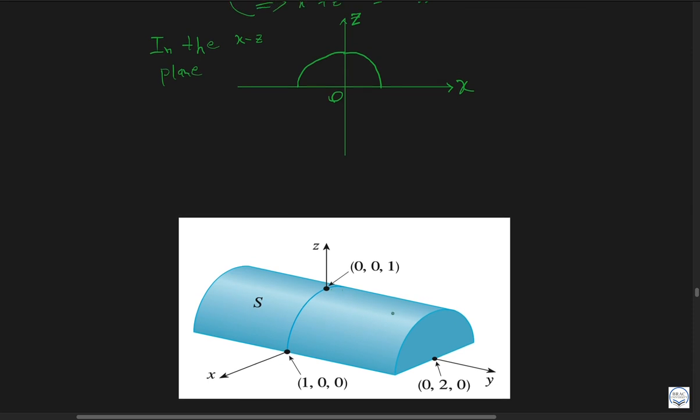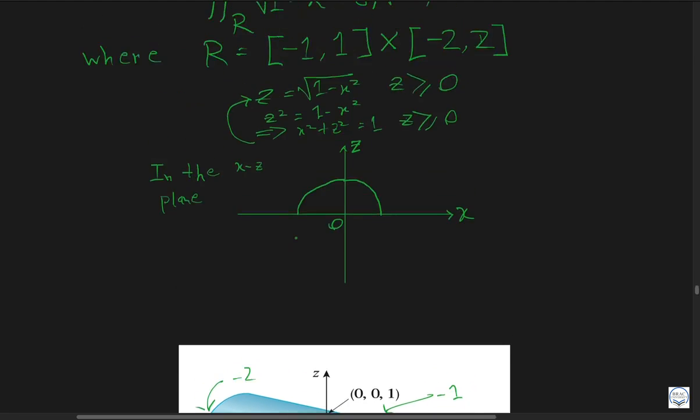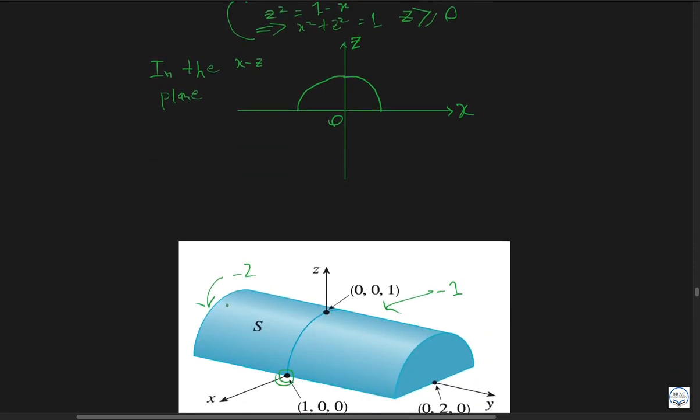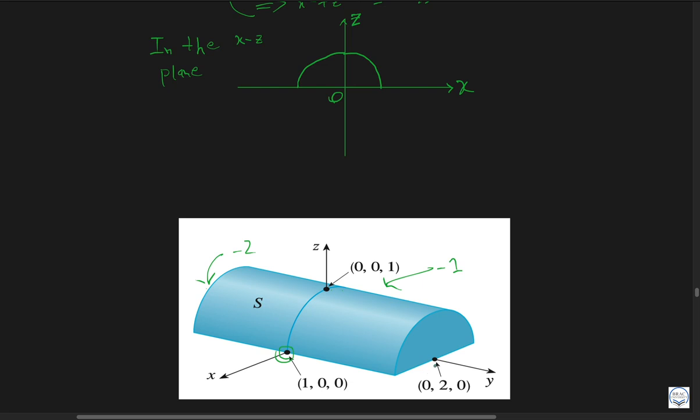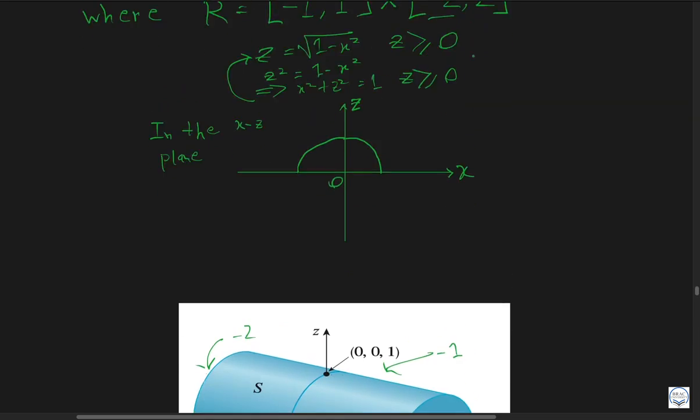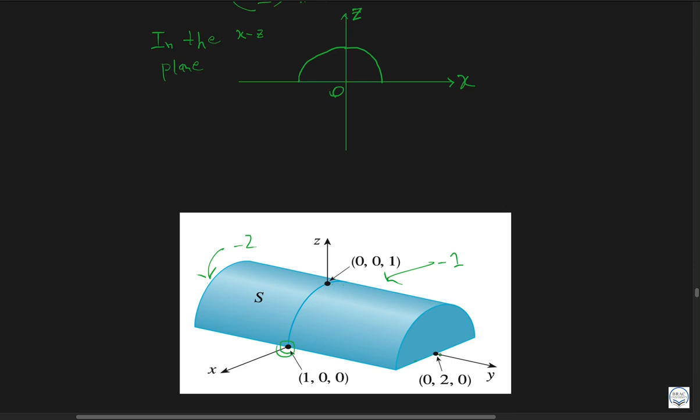Now let's define our regions. X goes from -1 to +1. The -1 is somewhere over here, and this is where we end our x coordinates, the x interval. And similarly, y equals -2 is over here somewhere, covered by the solid, and y equals +2 is where we end our y interval.